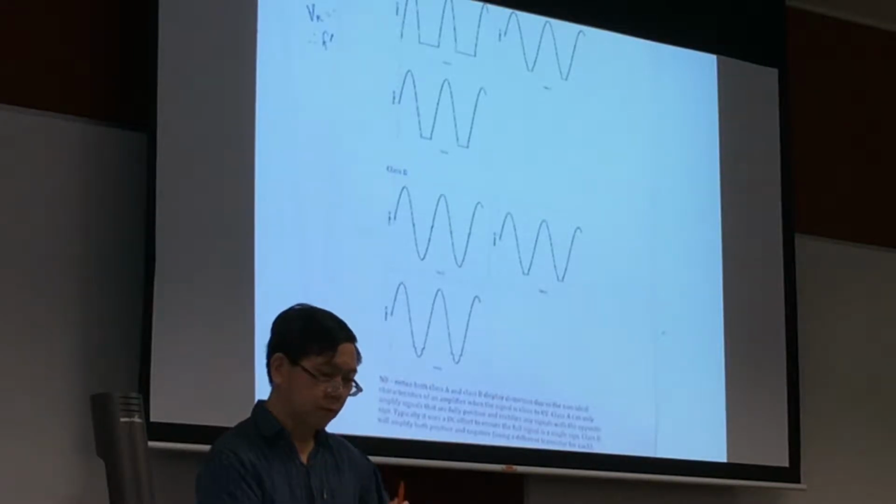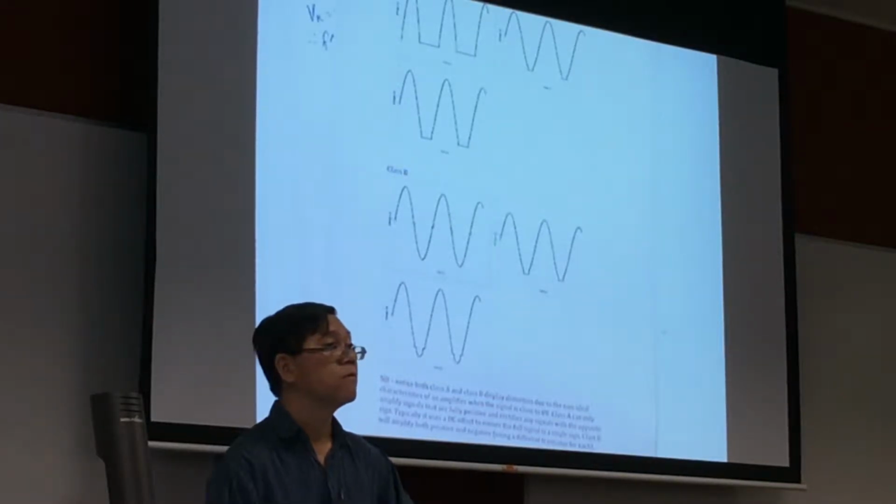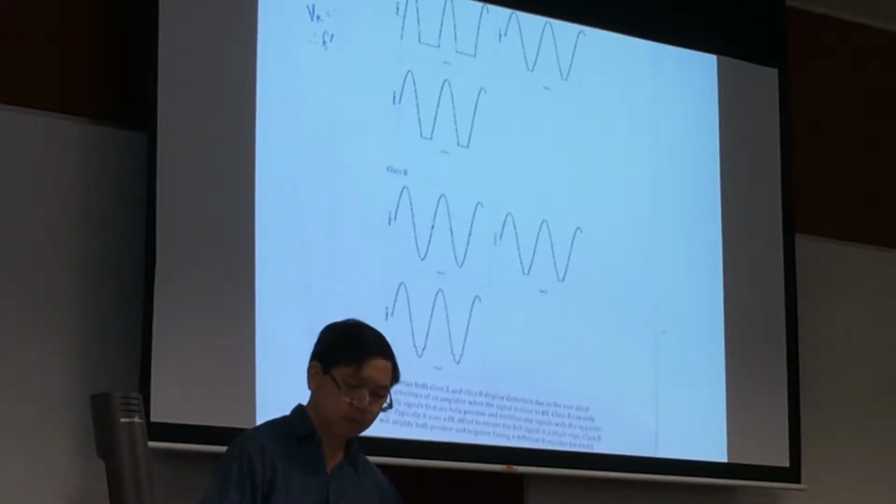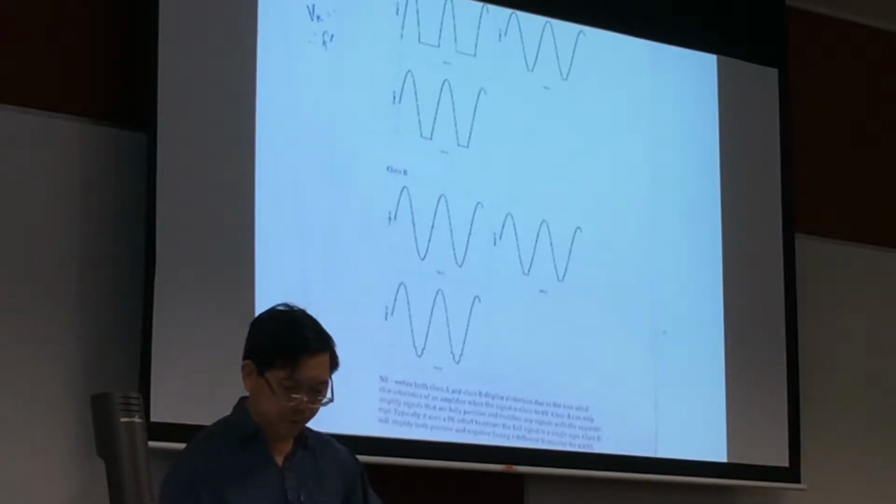One is above 0.6 volt, the other one is below minus 0.6. Oh, okay. So that means the distortion is from 0.6 onwards? Yeah, 0.6 to minus 0.6.